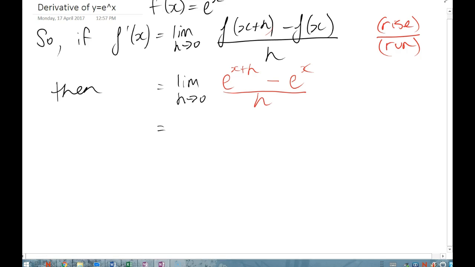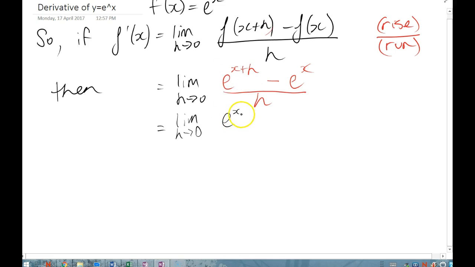Then if we simplify that some more, when I add indices, can you remember what mathematics needs to happen? Hopefully you've remembered that you are multiplying. So if I have the limit as h approaches 0, so the distance between the 2 points is getting less and less, I can write this using reverse index laws.